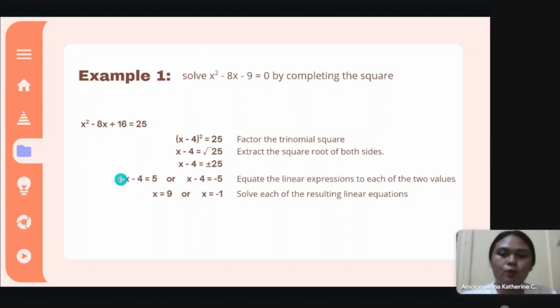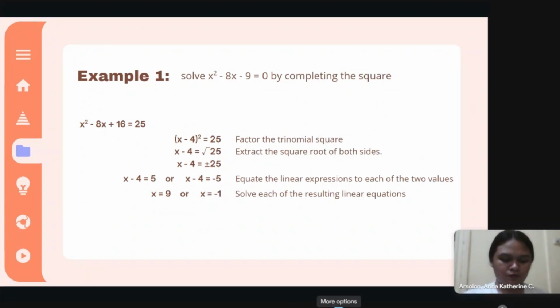Since we move negative 4 to the right side, it becomes positive 4. So x equals 5 plus 4, that's 9. Then x minus 4 equals negative 5 becomes x equals negative 5 plus 4, which is negative 1. Okay? Alright.